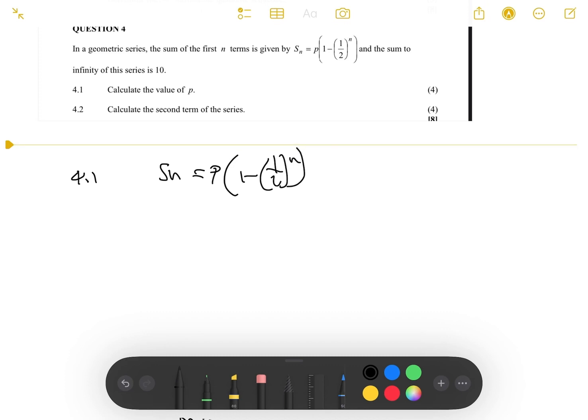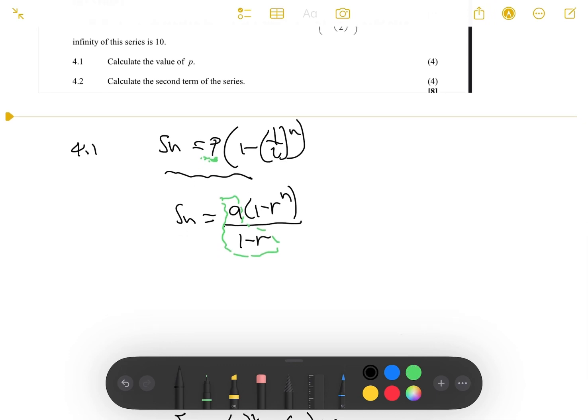Of which we know that this right here is derived basically from what? From Sn being equals to a 1 minus r to the exponent n over 1 minus r. And then look at the value of P. You see that basically P is equals to all of these, right?